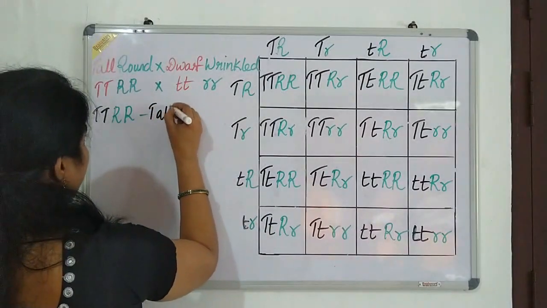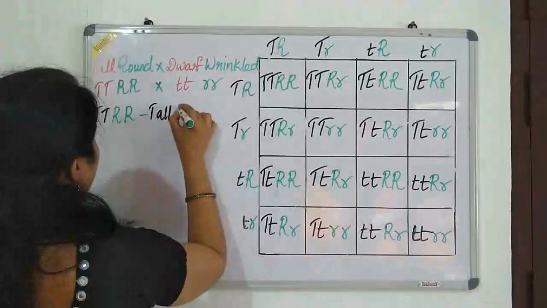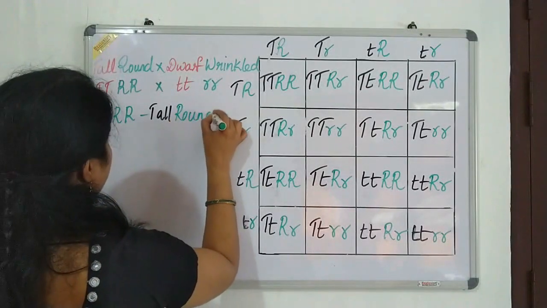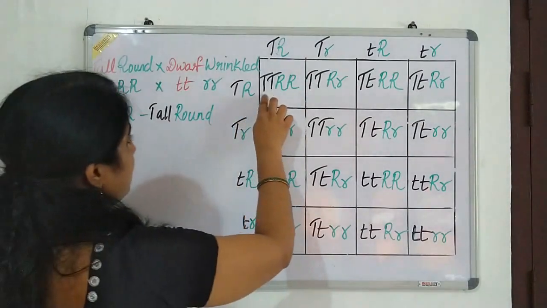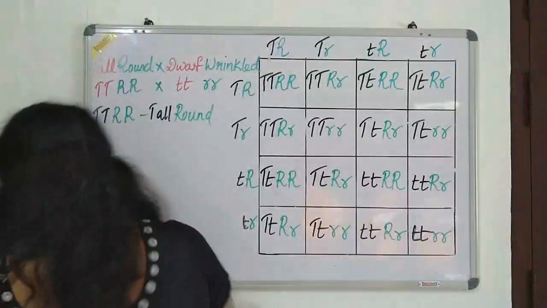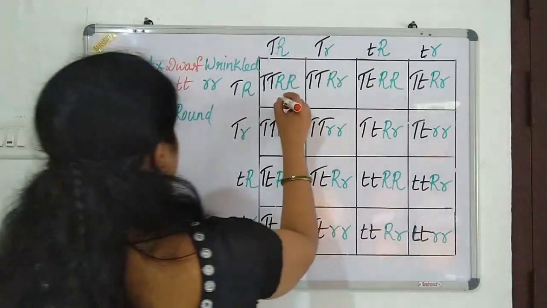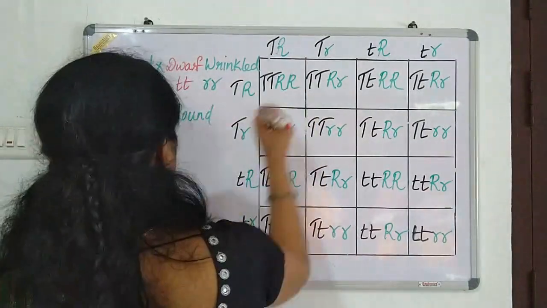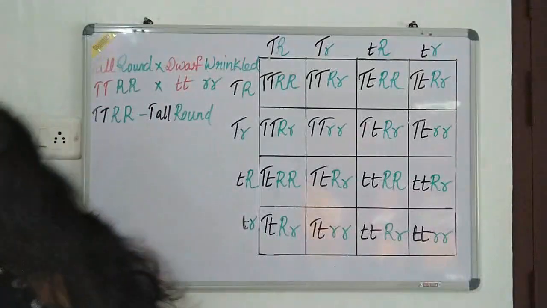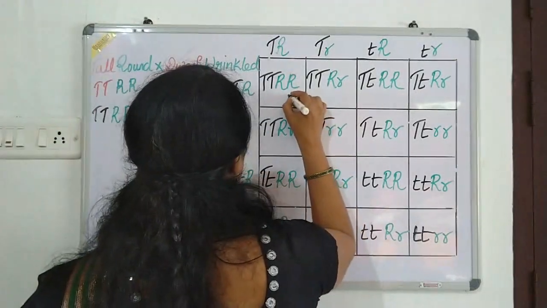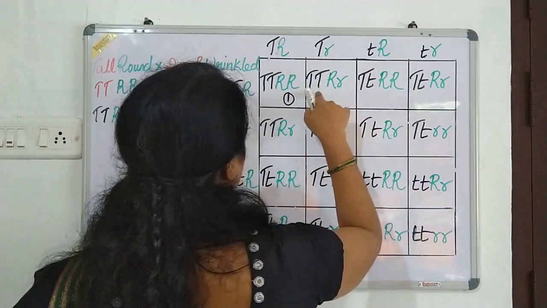Tall plant bearing round seeds. Tall, round. Okay. Then how many tall rounds you can find out? This is tall round. You can just mark. This is tall round. What about this?